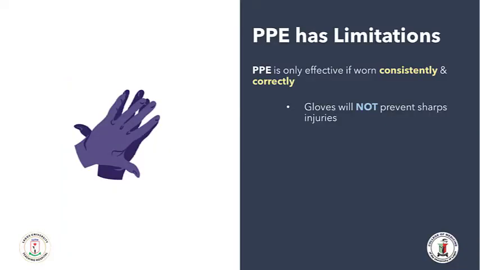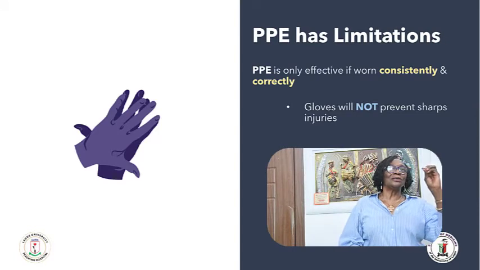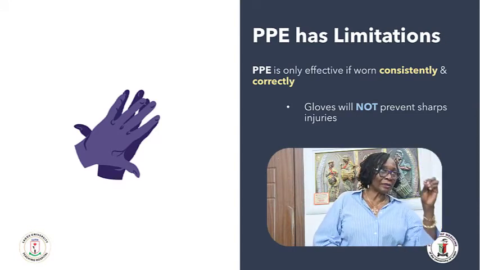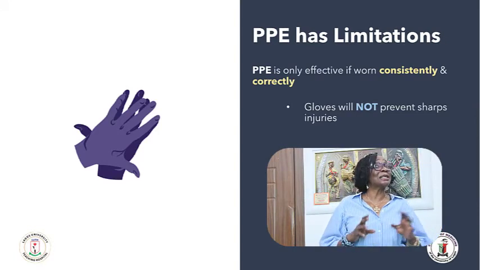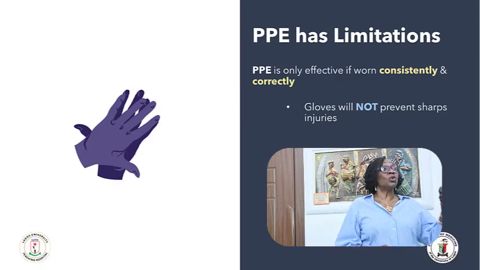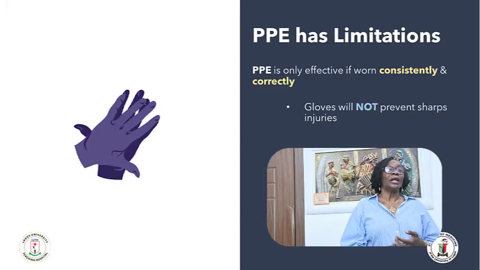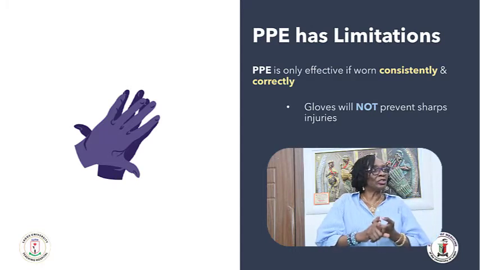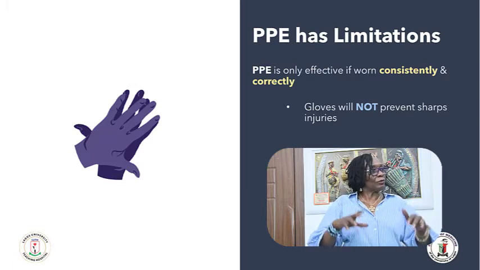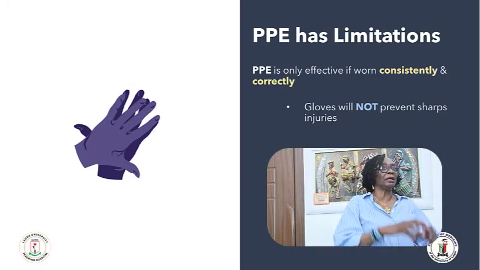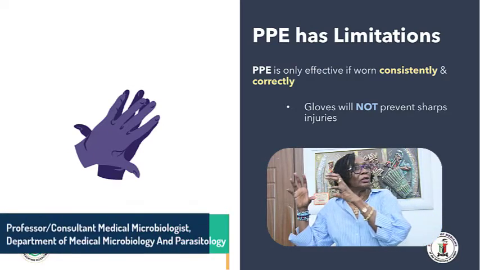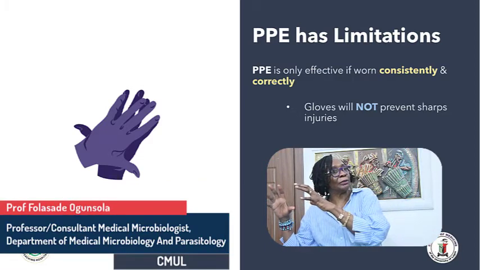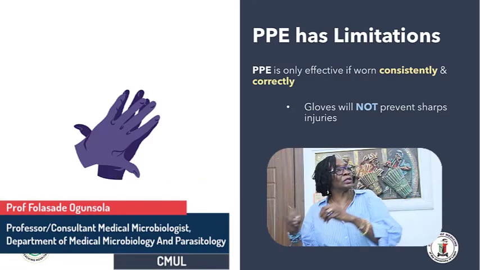Now, your PPE is not the most important thing for protection. It has its limitations. It is only useful if you wear it consistently and correctly. It is more effective when you use it in addition to all the other things that we've talked about: environmental cleaning, making sure that you have safe water.